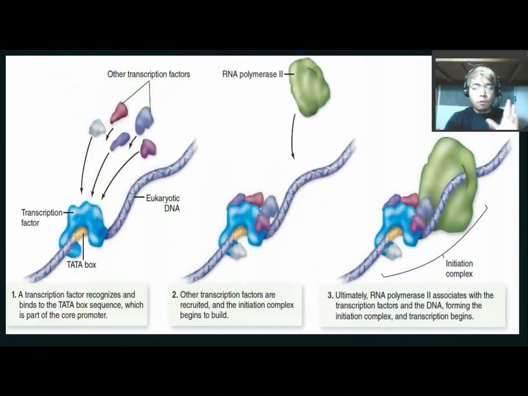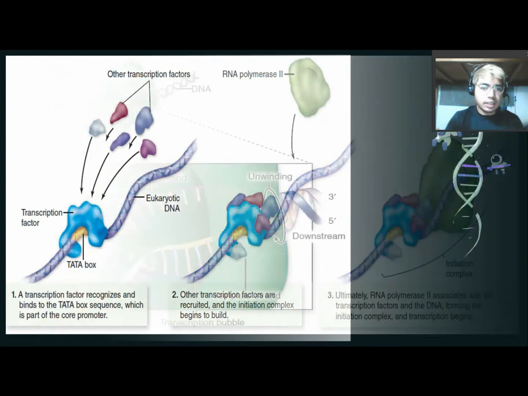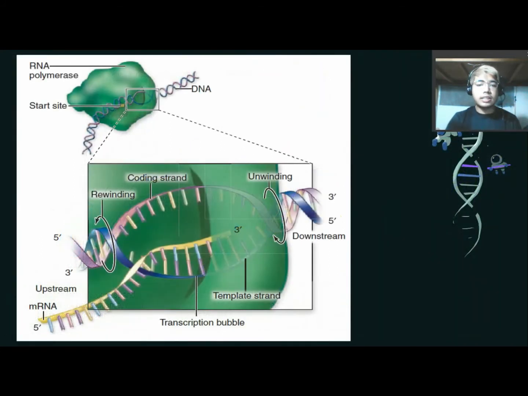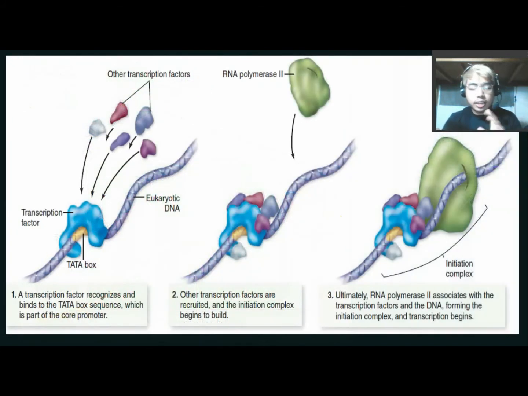Now, when it comes to eukaryotic cells, it is actually quite complex. There is an example on the previous slide of prokaryotic cell transcription, while in the case of eukaryotic cell transcription, there are additional types of transcription factors, since the DNA present in eukaryotes is definitely longer than that in prokaryotes, okay?